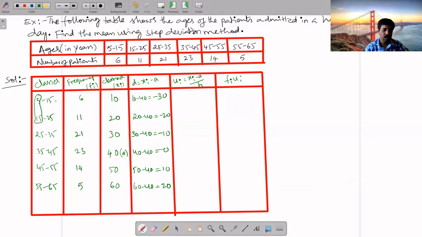Or you can also find the difference between two consecutive upper limits, that is 15 and 25. 25 minus 15 is also 10. We can say 15 minus 5 is also the class size, 25 minus 15 is also the size of the class, and we already know that these are exclusive classes.